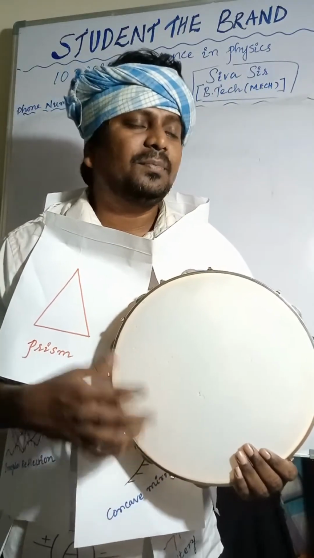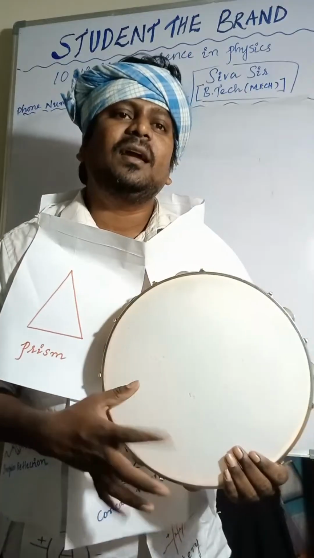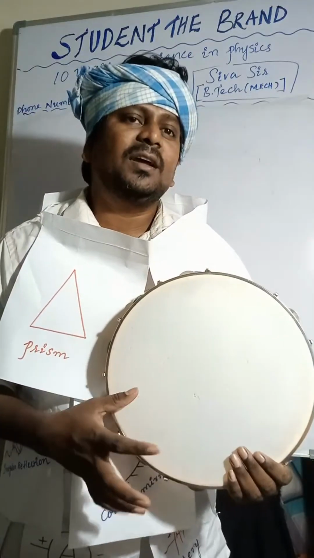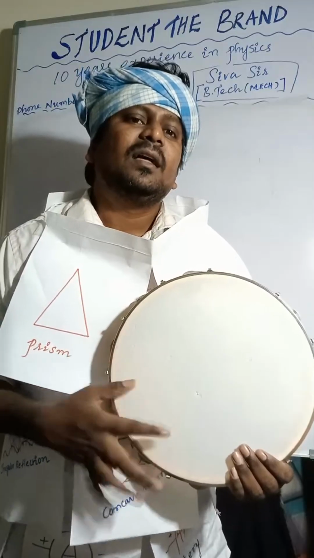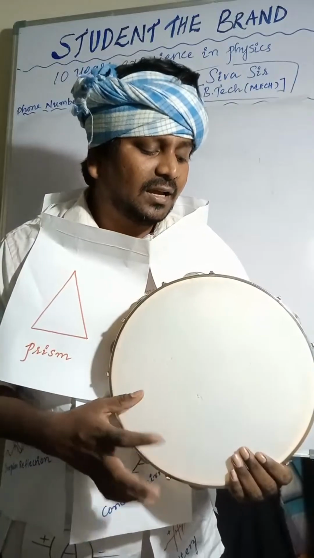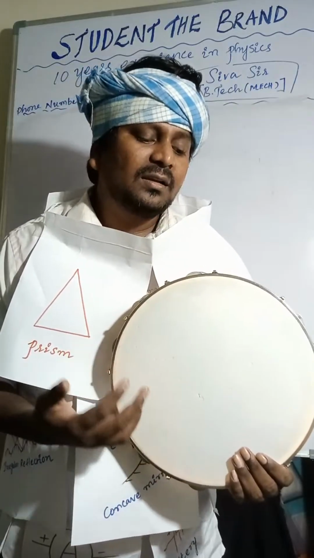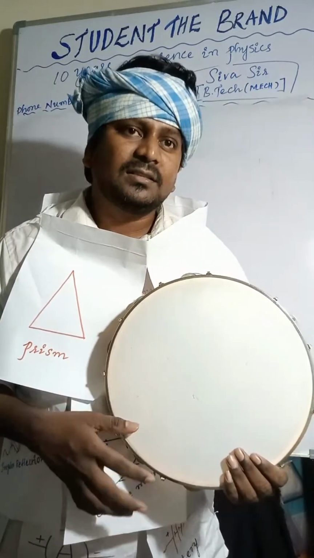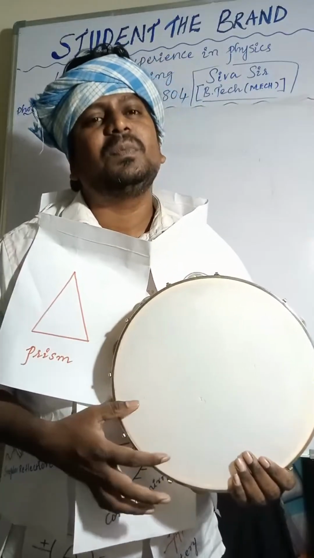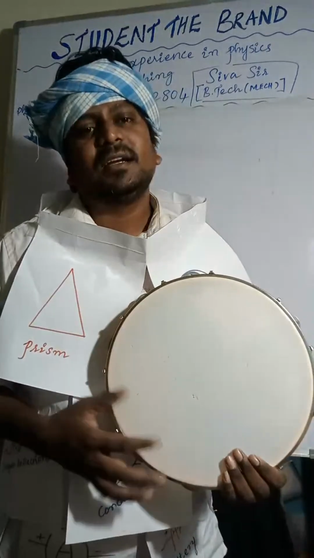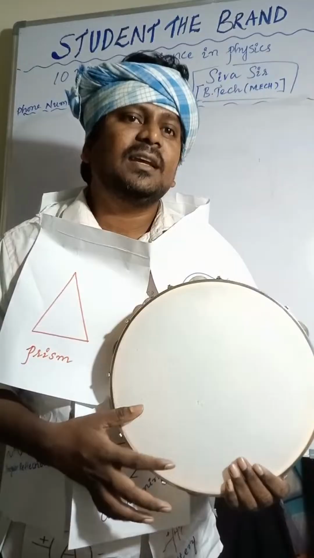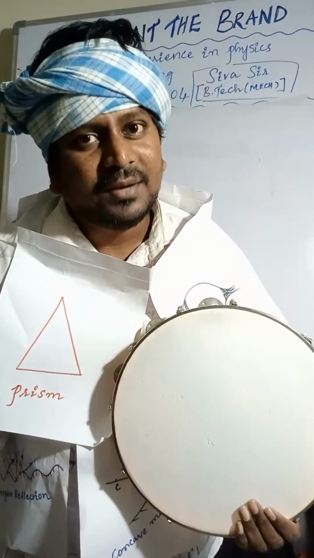myopia, myopia, myopia, myopia, myopia, myopia. Near distance we can see her, far distance we can see her. Myopia, myopia, myopia. For that correction we are using Bro, what bro?